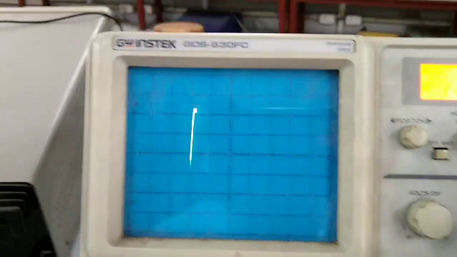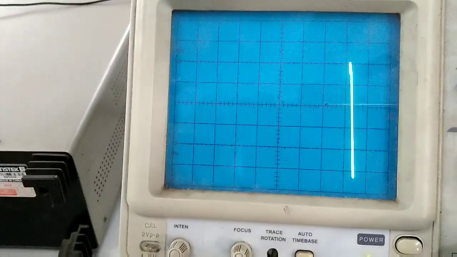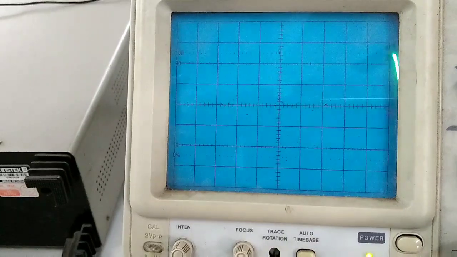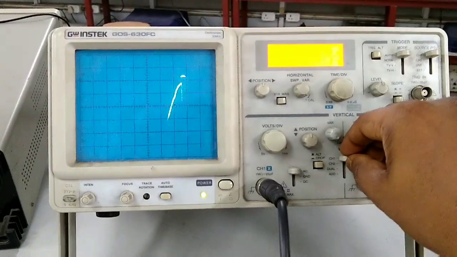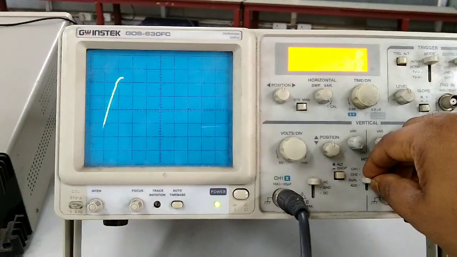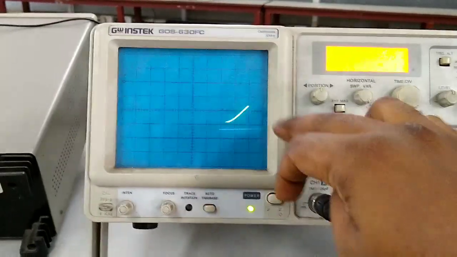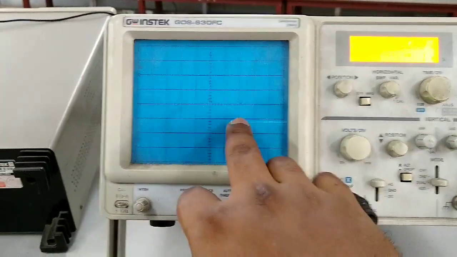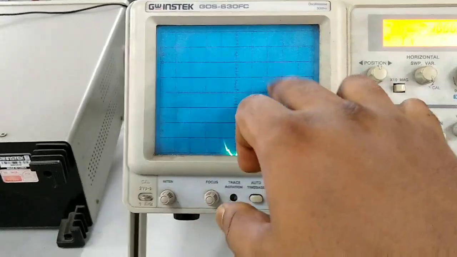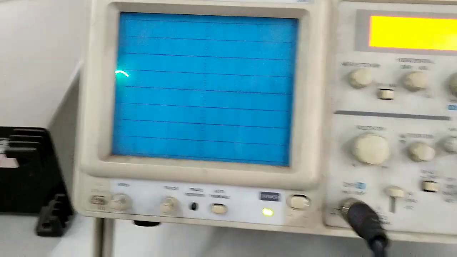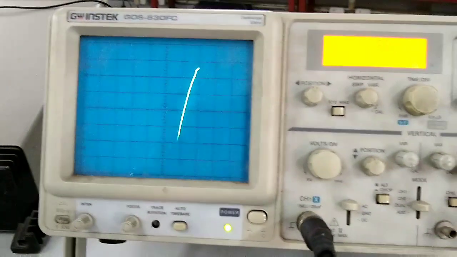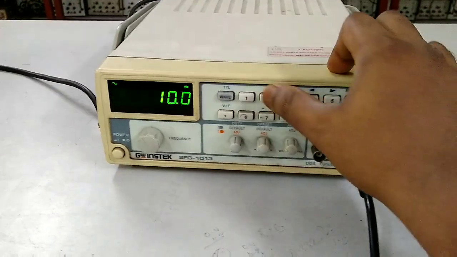If you want to see the sinusoidal pattern, let me show you the input voltage also. 12. See, you can see two sinusoidal waves here. One is bigger and one is shorter. The shorter one is the input voltage.